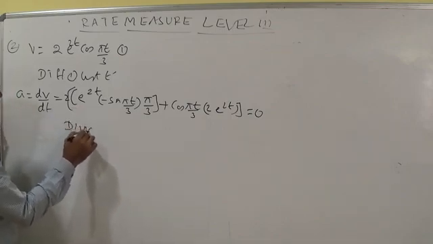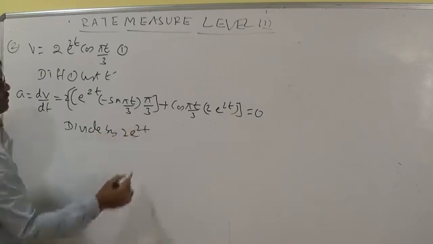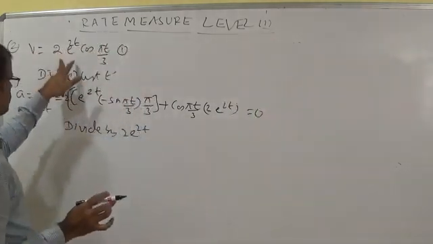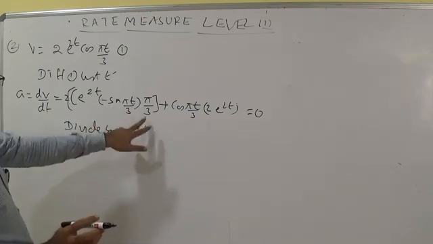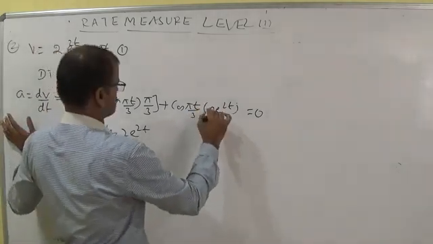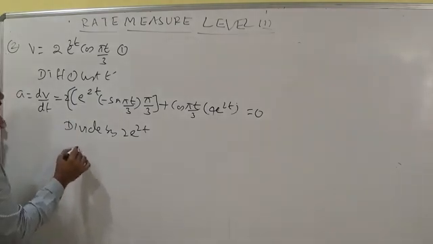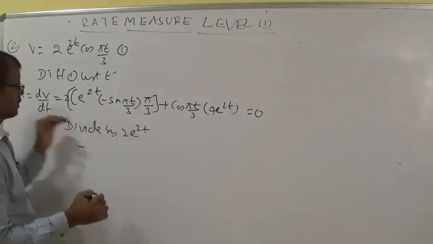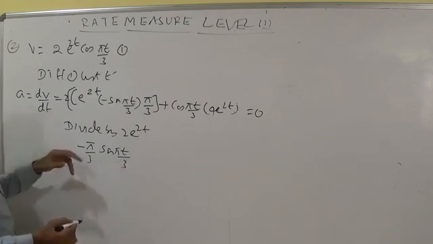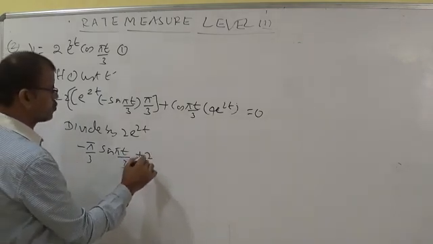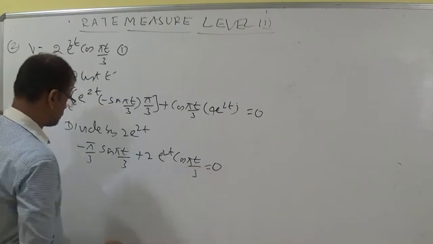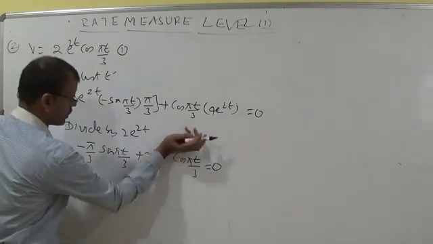Now we can take 2e^(2t) common, dividing by 2e^(2t). This gives 2e^(2t) times minus π/3 sin(πt/3) plus 2e^(2t) times cos(πt/3) equal to 0. The term e^(2t) we no longer need to write, since we already divided.